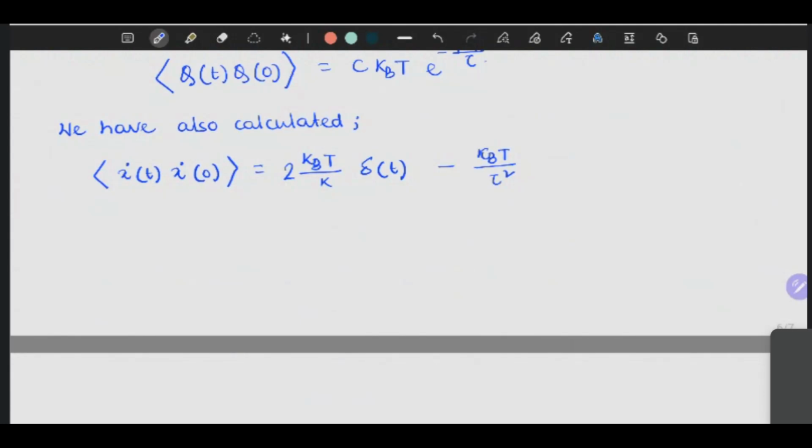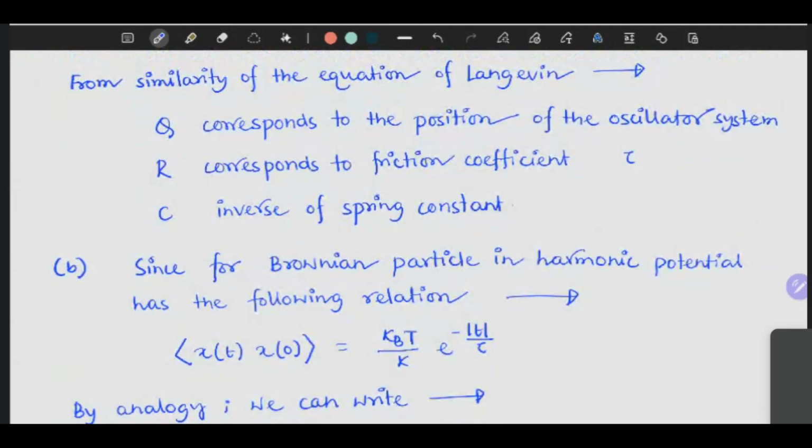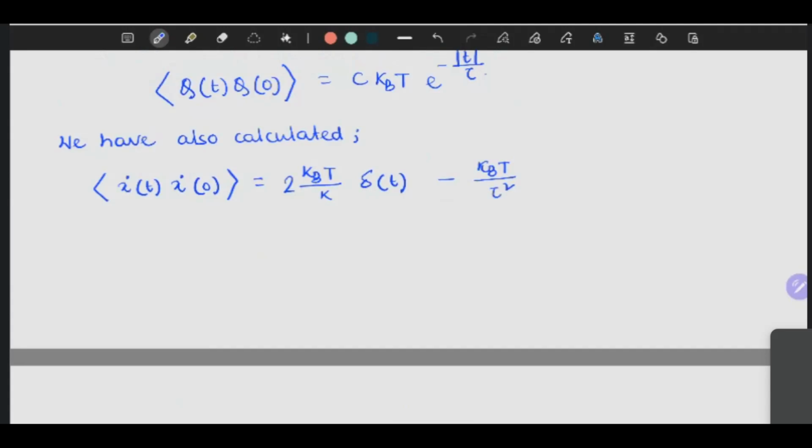So here tau was gamma by k, so here it will be gamma by k, so friction coefficient gamma becomes r, and c is 1 by k, so tau is rc. Similarly kBT by k into 1 by tau square to the power minus mod t by tau.